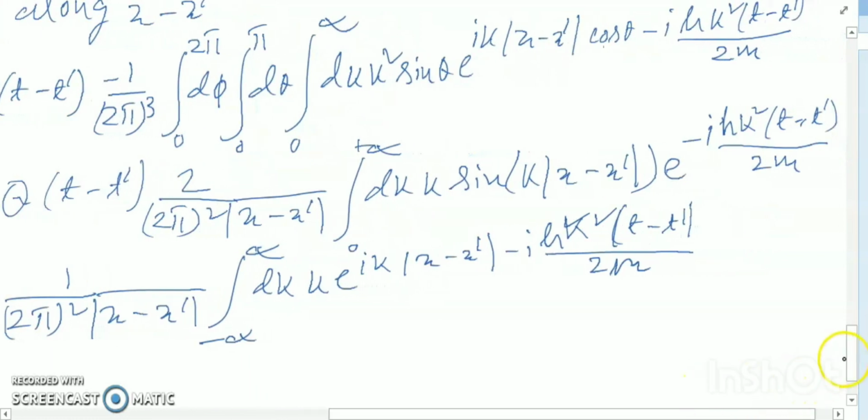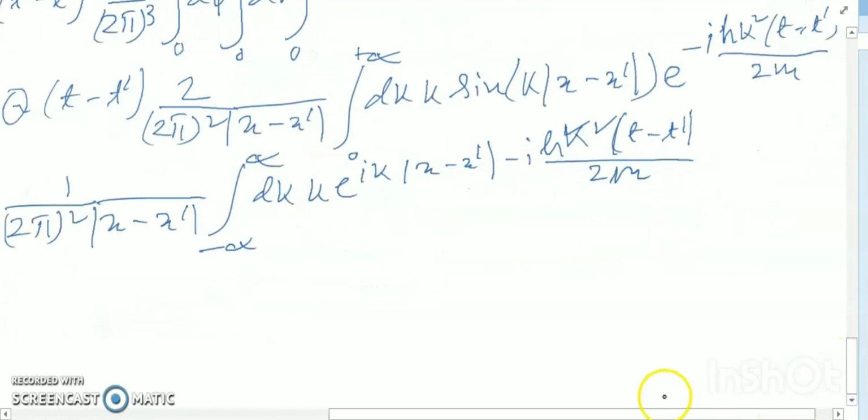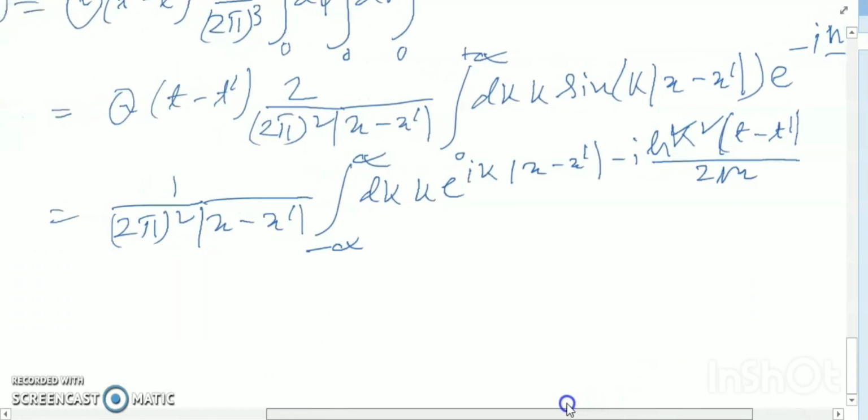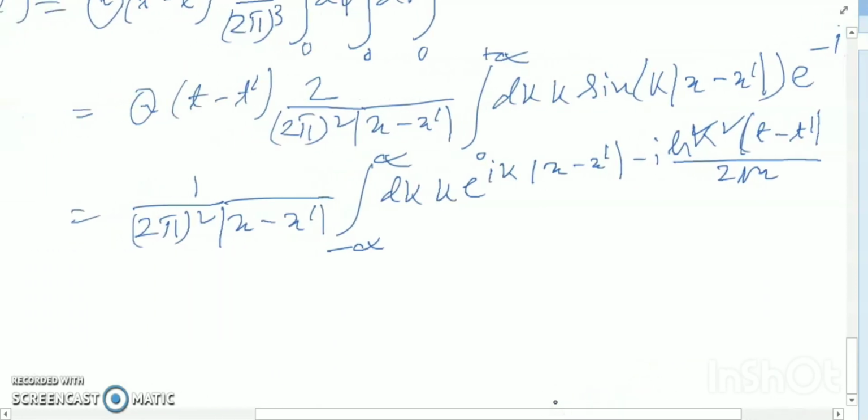In the second line I use the fact that the real part of k cos k (x minus x dash) is an odd function, which gives 0 when integrated symmetrically from minus infinity to infinity.